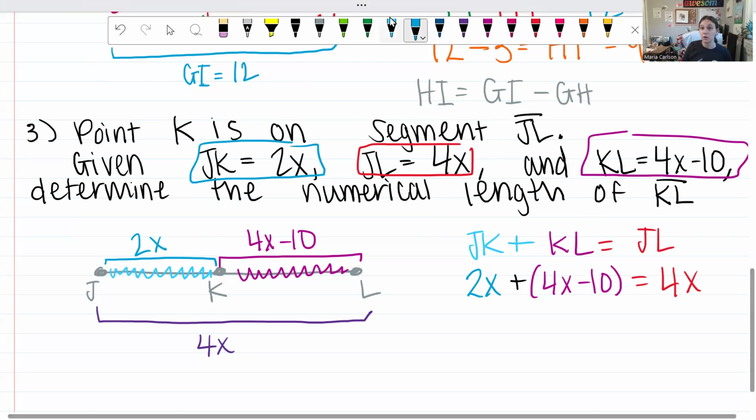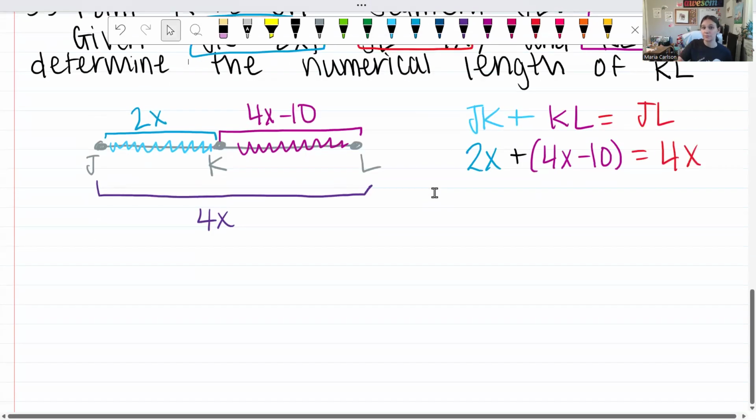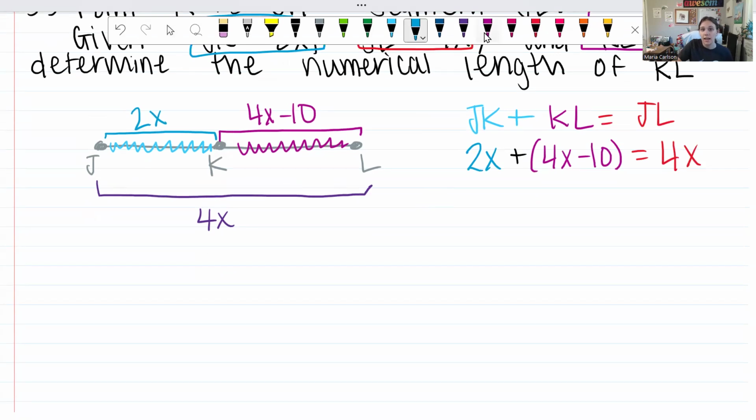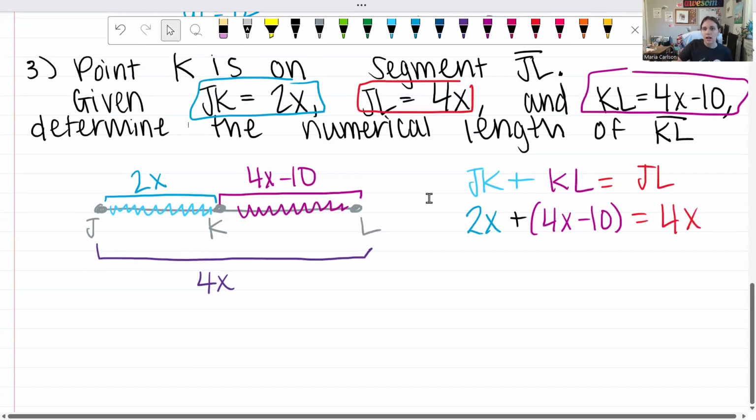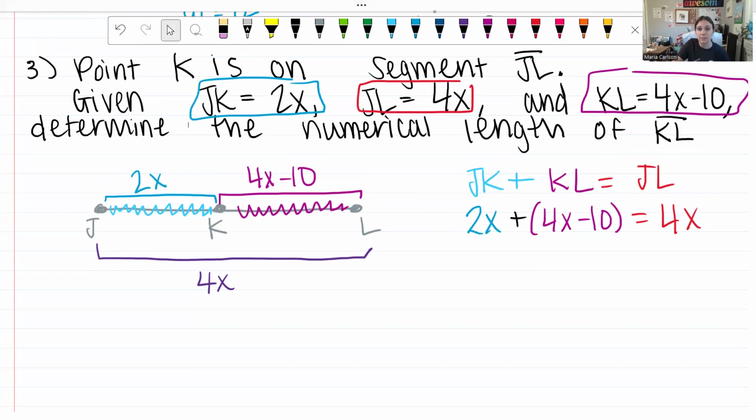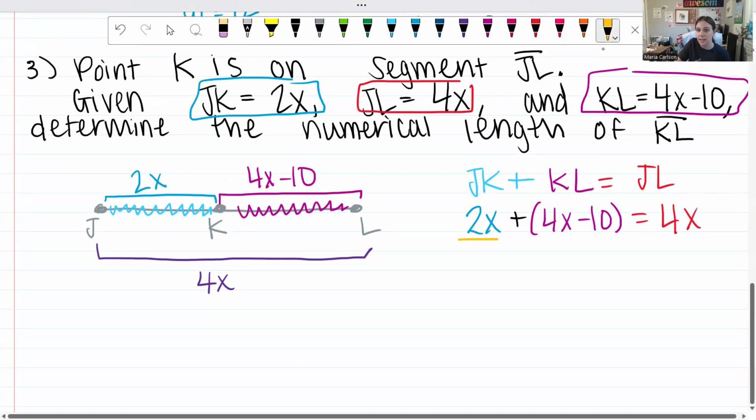So substituting in what we know using that addition property for segments. And now I can simply combine some like terms here. I notice I have a 2x and a 4x, which combines together to give me 6x minus that 10, can't combine with anything, and that is equal to 4x.